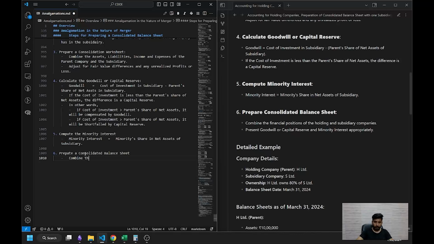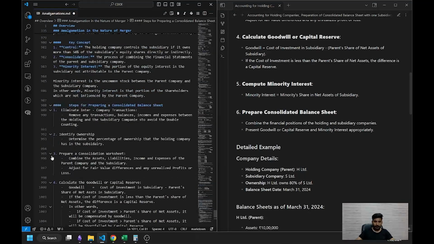Combine the financials of the holding company and the subsidiary company, and present goodwill or capital reserve and minority interest appropriately.